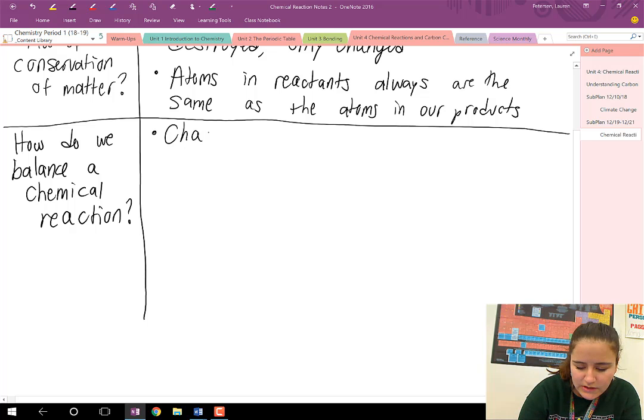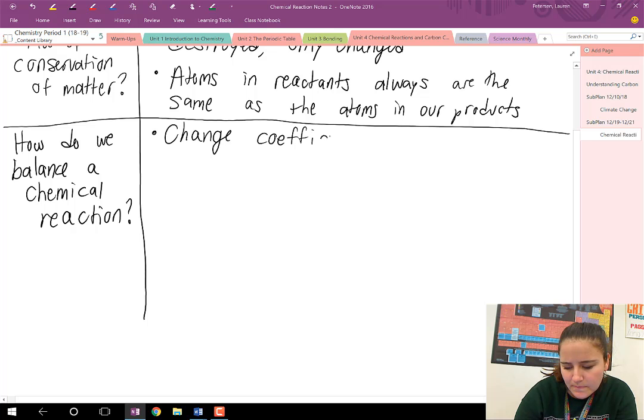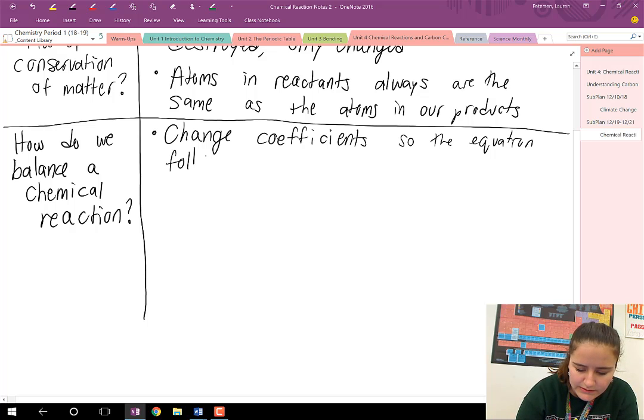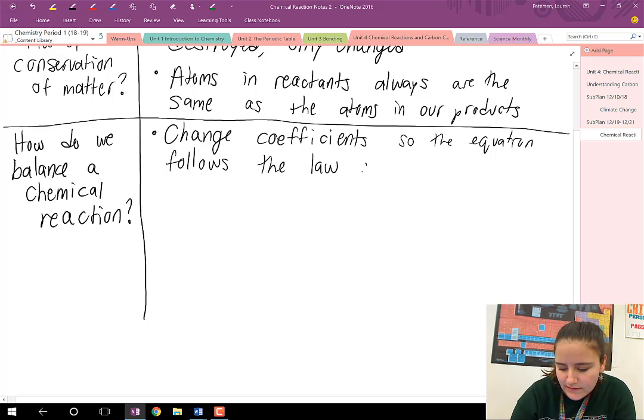Okay? So we change coefficients so the equation follows the law of conservation of matter.